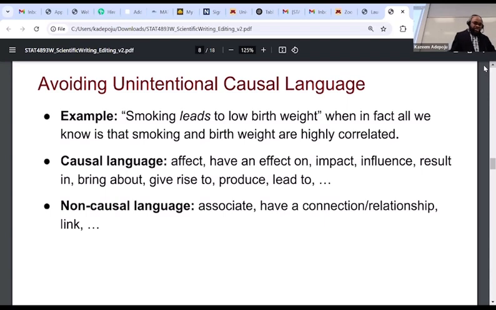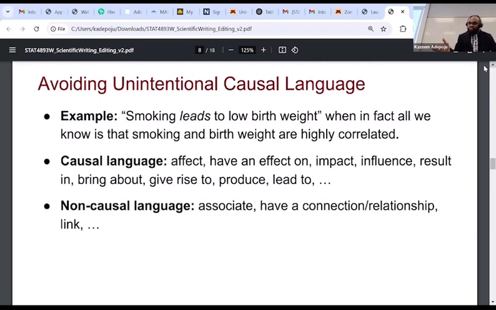What am I going to use? I can say smoking is related with low birth weight. It's better to say smoking is related to low birth weight, or is associated with low birth weight. That really makes more sense. That is more correct. That is not causal.